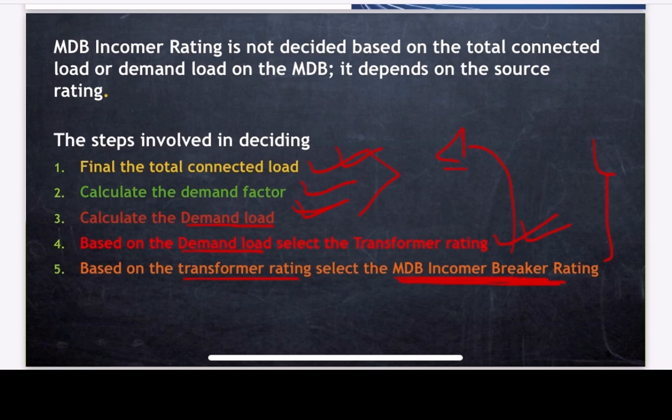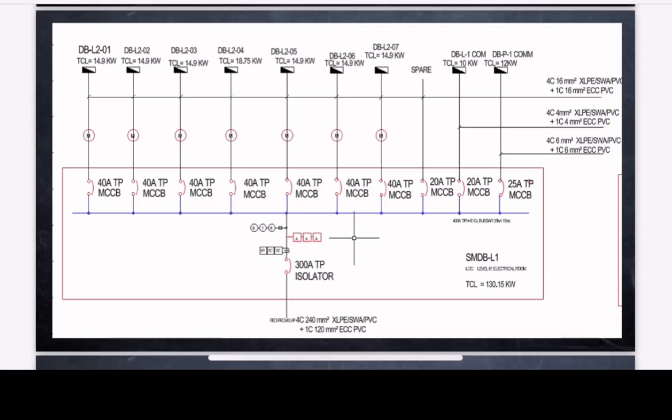I already discussed this in depth in the part 8 video. If you have followed my videos from part 1 to part 8 in the series on designing the G+4 building as per DEWA regulation, then you already know how to design the final distribution board, how to design the sub-main distribution board, and how to distribute the load in a particular space.